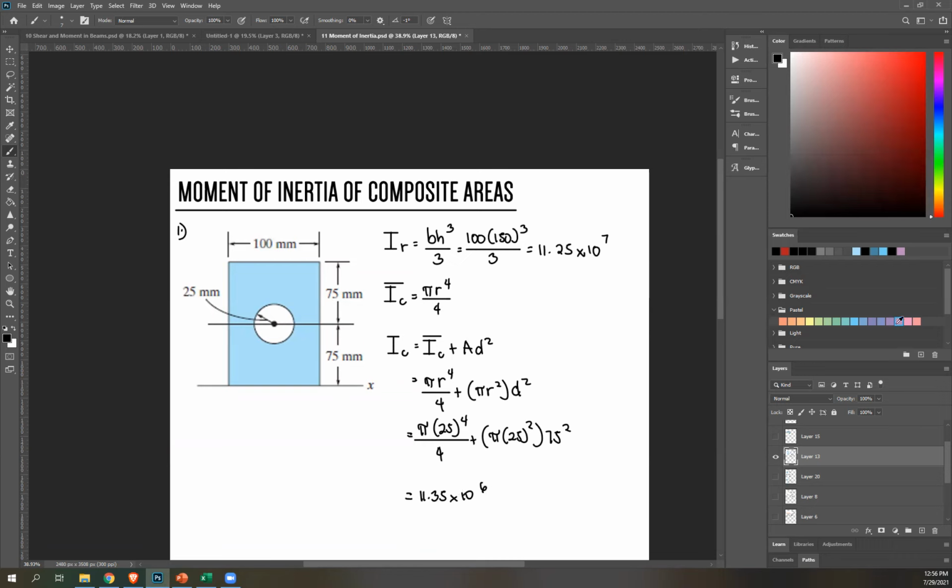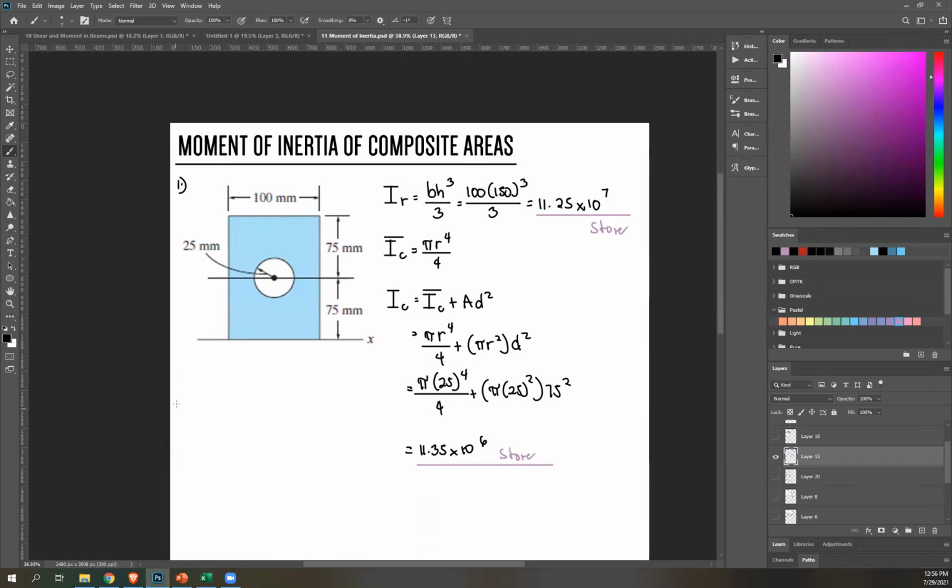We'll store both of those in our calculator so that it's easier instead of typing this out. So to get our final answer, the moment of inertia of everything about the x-axis is the moment of inertia of your shape, which is a rectangle, so I R minus I C.